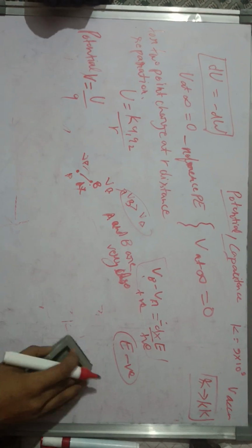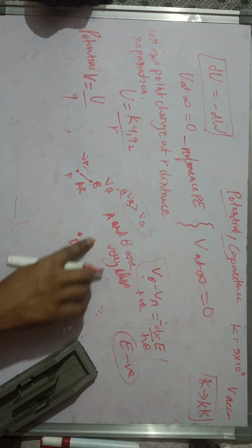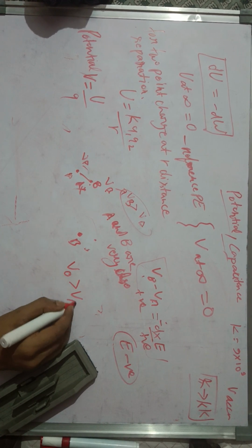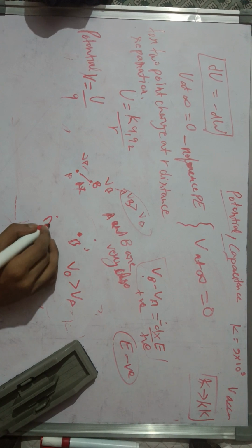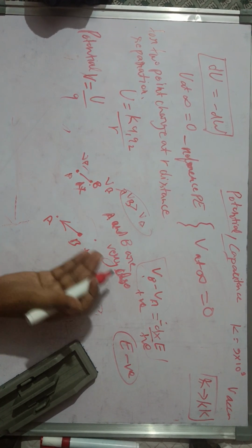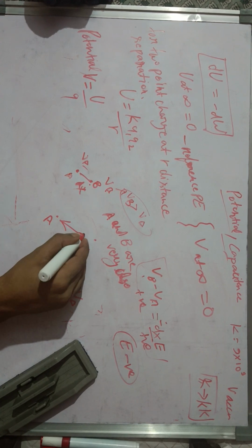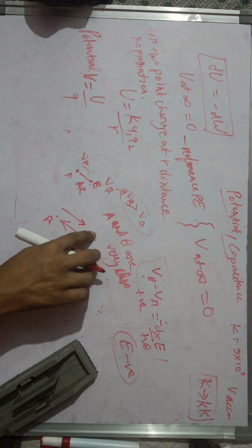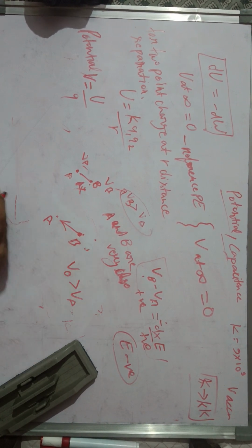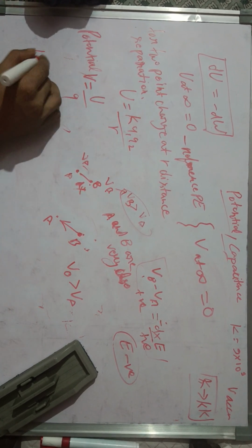So we find that if this point has higher potential, if VB is greater than VA, then the electric field will point from B to A, in the opposite direction. If this has higher potential than this, then the electric field will point in the opposite direction, from higher potential to lower potential.